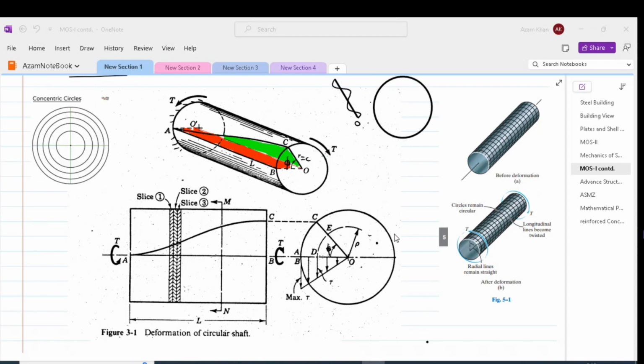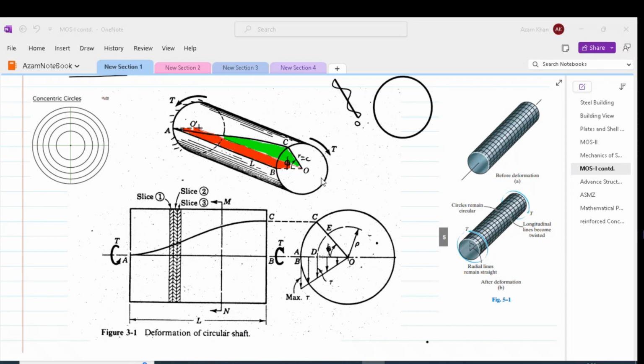It is important to note that radial lines located on the cross section at a distance x from O prime of the shaft will rotate through the twist angle phi of x.